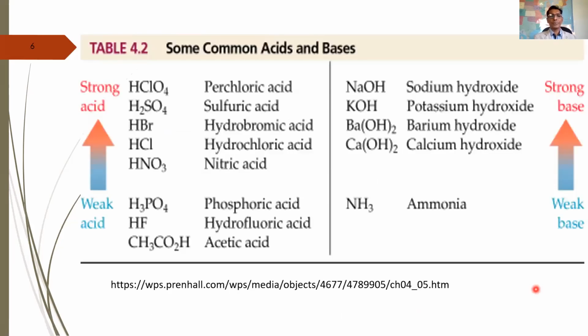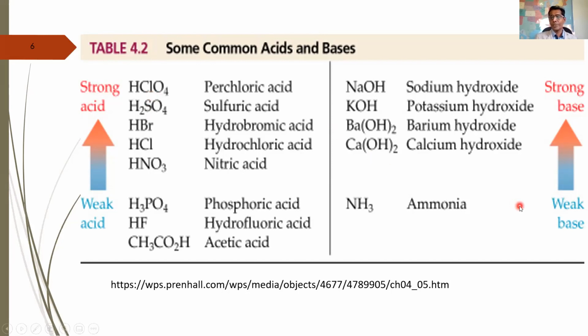Here are some examples of common acids and bases. We can see here from the weak acids to the strong acids. The weak acids: acetic acid, which we know very well, hydrofluoric acid, phosphoric acid. The strong acids here are nitric acid, hydrochloric acid, hydrobromic acid, sulfuric acid, and perchloric acid, which is the strongest acid in this regard.